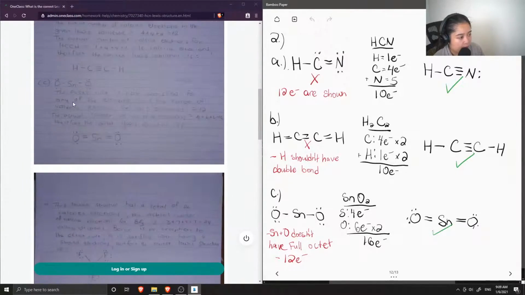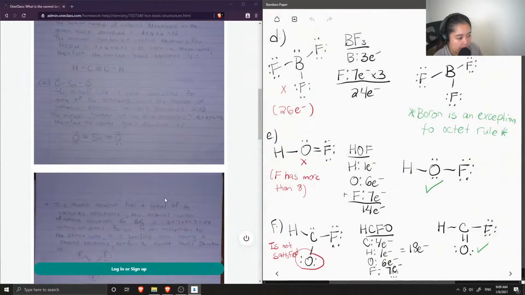Next, the octet rule is not satisfied for any of the elements, and the number of valence electrons for this structure is equal to 12. The actual number of valence electrons is equal to 16. Therefore, the correct Lewis structure just contains double bonds instead of single bonds.